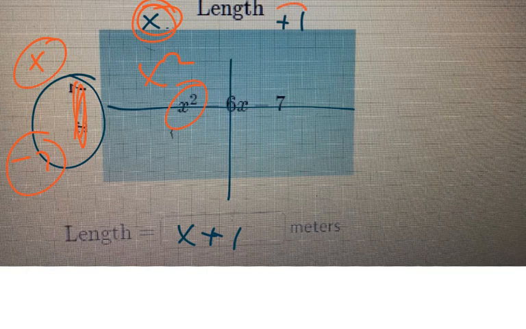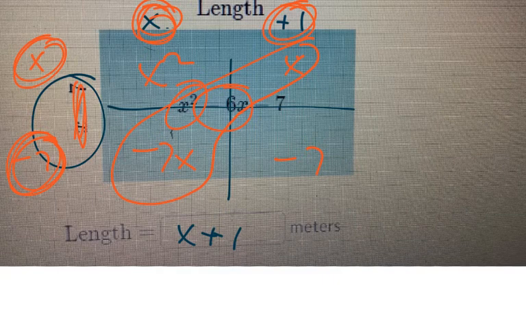Isn't 1 times x, 1x here? And x times minus 7, minus 7x here. And minus 7x and x make the minus 6x. And of course, minus 7 times 1 is minus 7 again. But hopefully you're seeing that when we do the area model and factoring, they're related, right? One's just the inverse of the other.